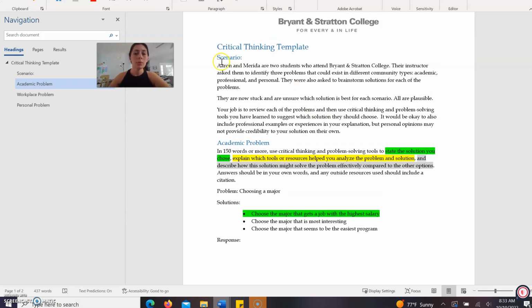But let's run through the scenario real quick, because that sets us up for the assignment. So in the assignment, you are essentially being asked to be kind of this critical thinking expert. You're coming in to help Aaron and Merida finish out a project they're working on, okay? They're working on a problem-solving project, and you're going to come in and help them finish the job. The reason you are the expert is because in Lecture 6, you get to explore and study all of these different activities and tools that help us think critically.